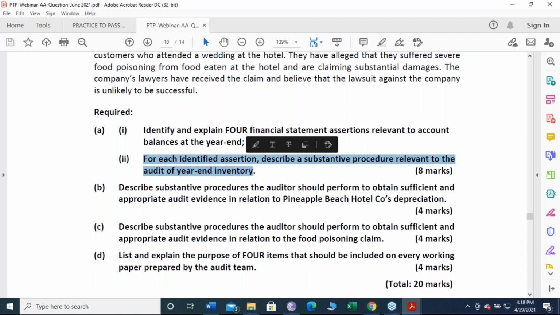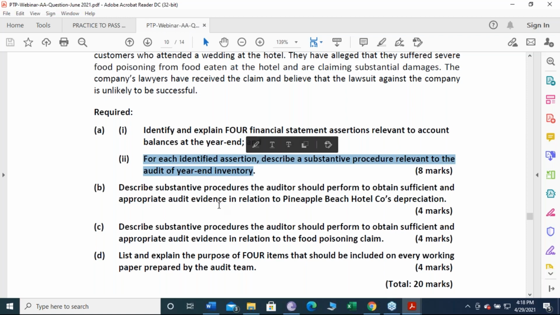Moreover, another procedure for the verification of existence could be, you can select a sample from the inventory record and then you can visit the warehouse and confirm the existence of that particular stock. This is how you can verify the existence.